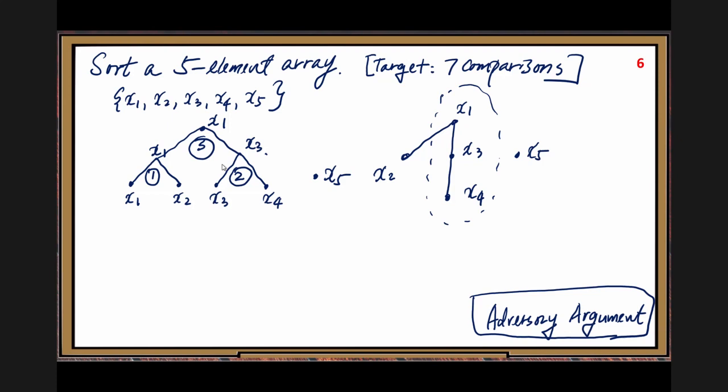You always compare one in the middle to balance the two cases. Then your adversary cannot make it too bad. So that's the way to fight against the adversary. Choose the balanced option.